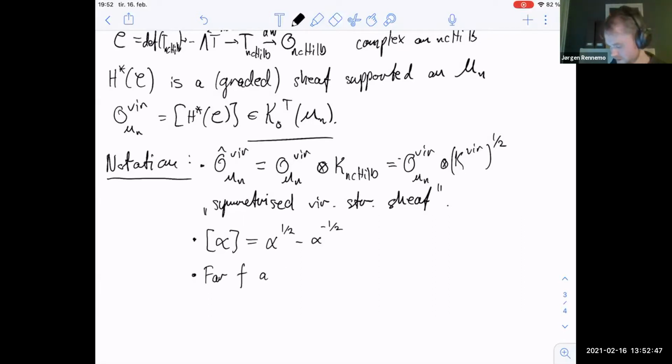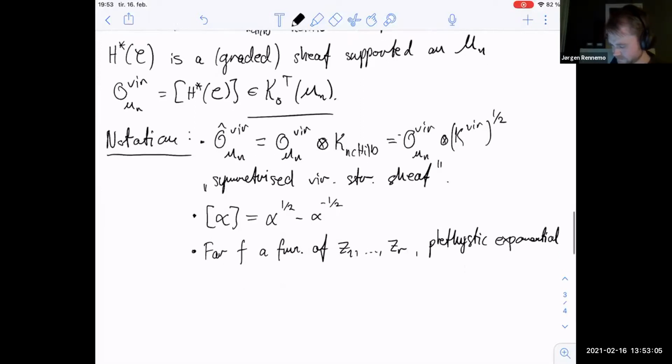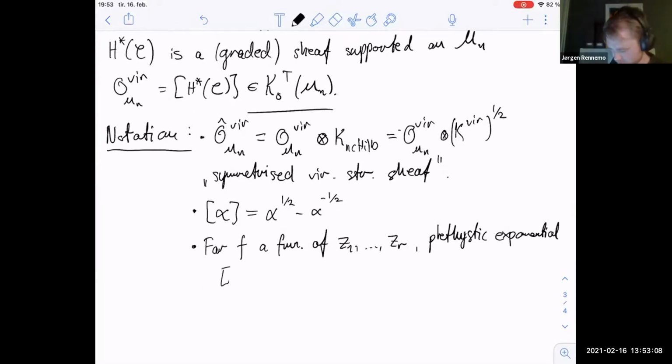If f is a function of z1 up to zr, then the plethystic exponential is defined to be the exponential of the sum of, well, this expression. Let me just write down the expression.